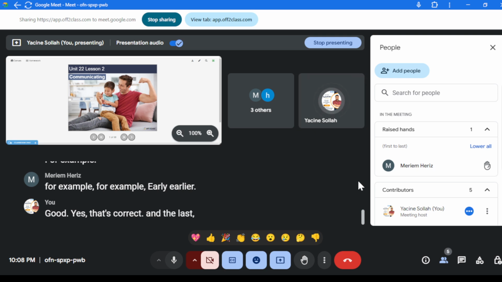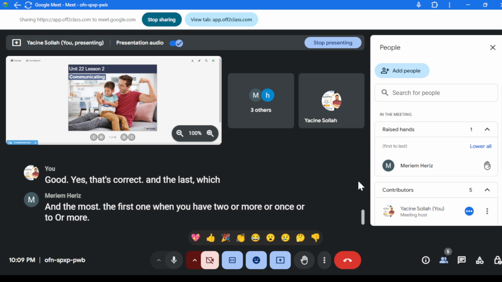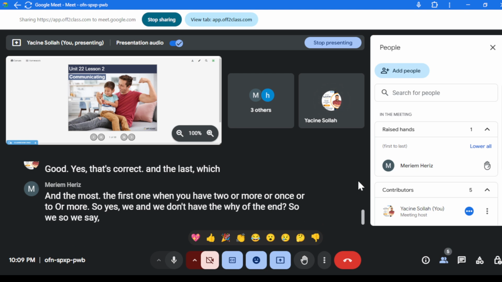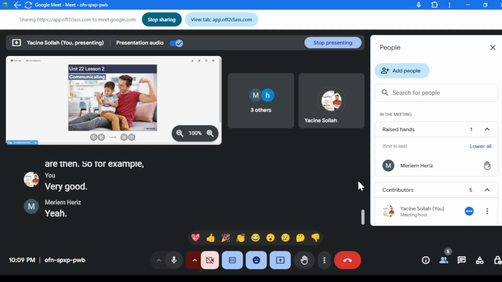And the last situation, when you have two or more syllables, we don't have the y at the end, so we add more before the adjective.